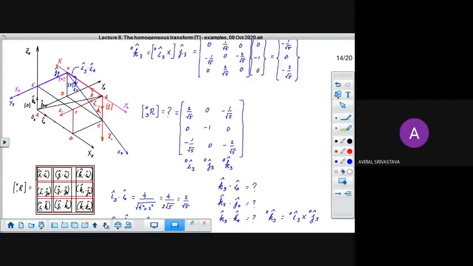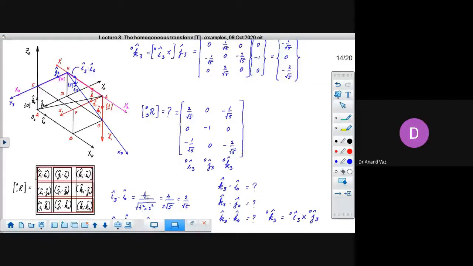Sir, we are finding these transformations just to locate the points on the links, if we are considering some definite frame. It's not just that.